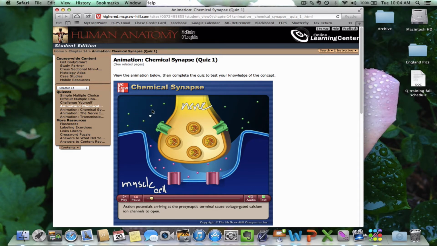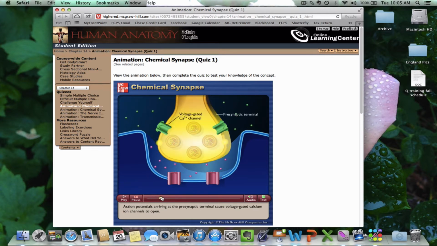What I'm hoping you got to see is that there are these embedded proteins in the cell membrane of the nerve that, if they open, allow a molecule to diffuse inward. If I take the slider forward, you can see that once they open, calcium ions are able to diffuse inward.